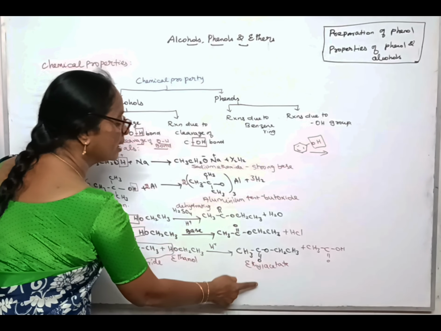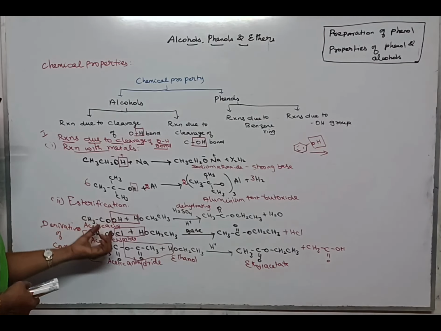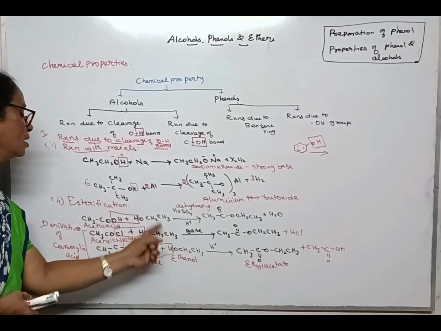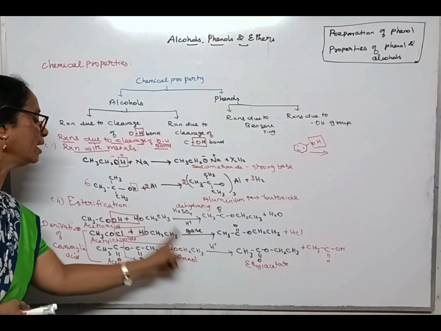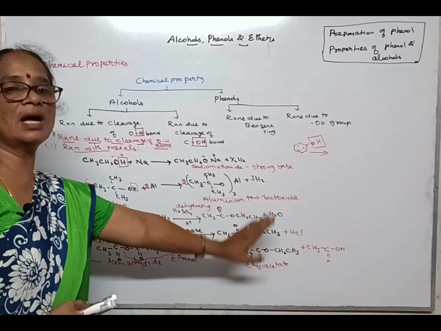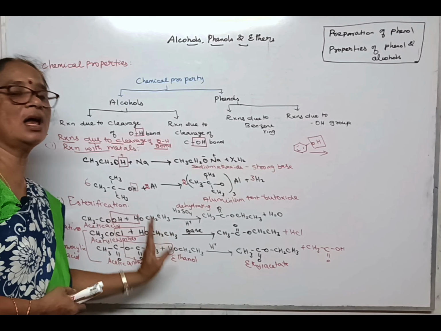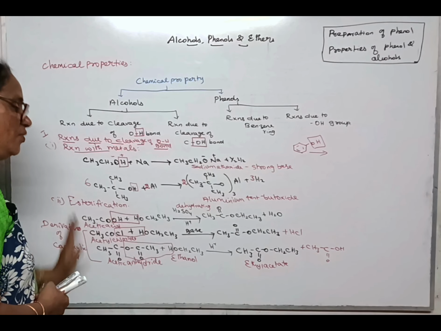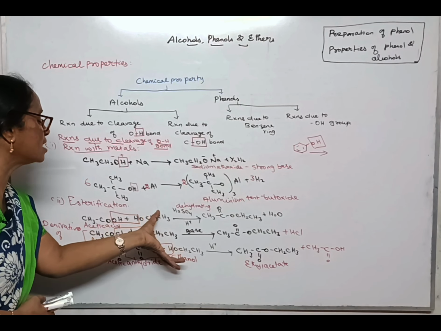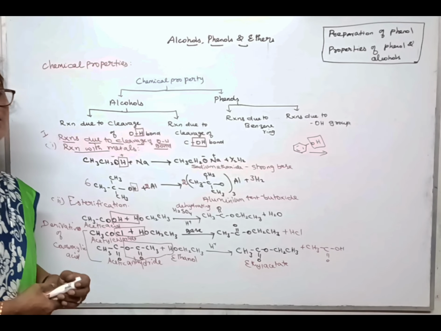So we are getting ethyl acetate. One more piece of information: in this alcohol, we have taken an alkyl group. Even this alkyl group can be an aryl group. So aliphatic as well as phenol may undergo the esterification reaction. Depending on the alcohol and carboxylic acid, the products will be formed.